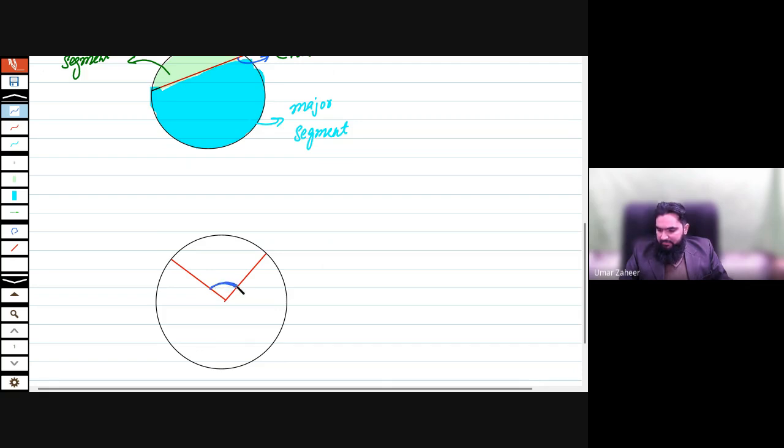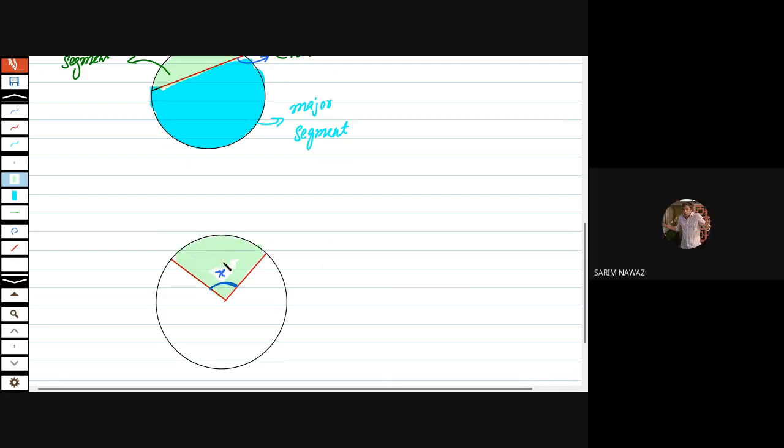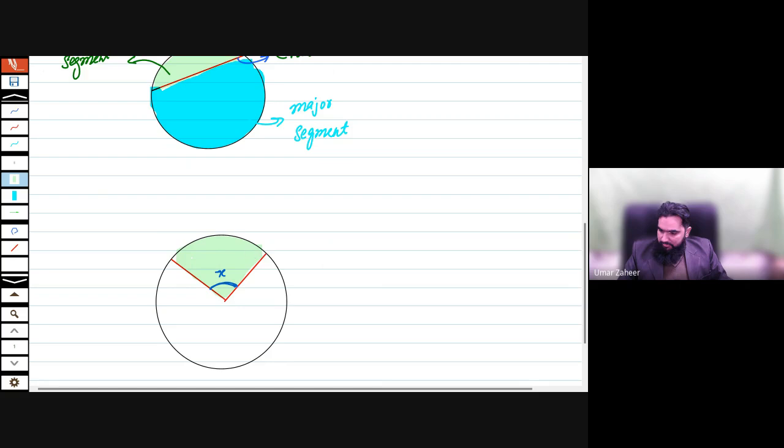Let's say this is the angle. Yes, can anyone tell me what is the name of this portion? An arc. The portion I have highlighted. What is the name of this portion?